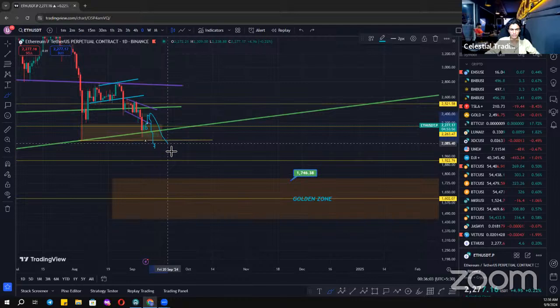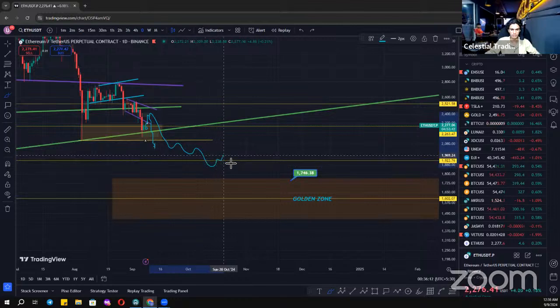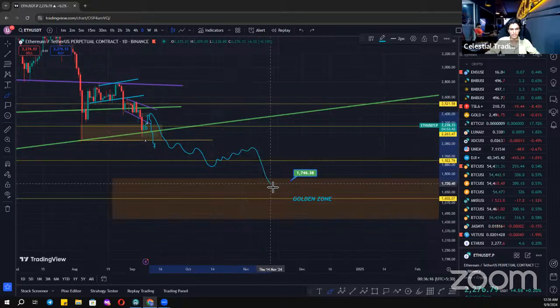Again we take the liquidities and we go for this consolidation, and we again break the trend line, and we'll have a consolidation, and we can expect the market to go up after this.